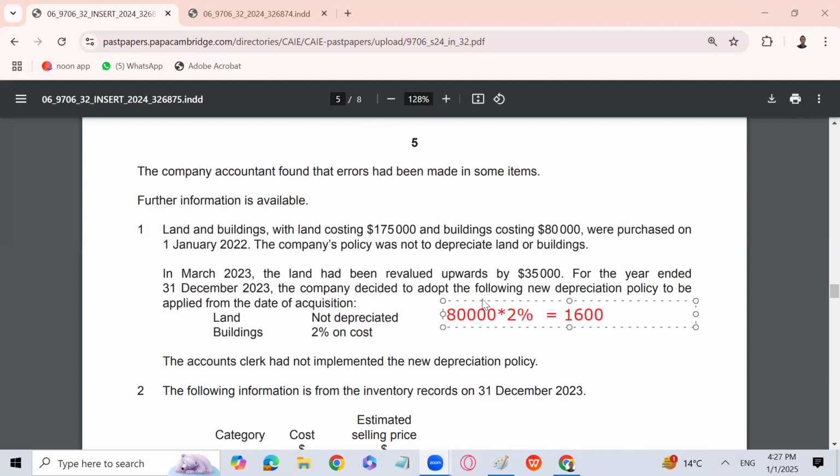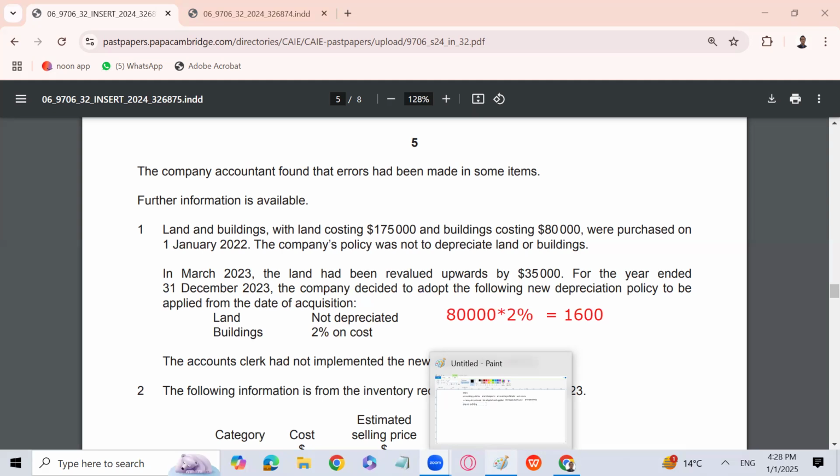But the problem is this, that whenever there is an error, then we have to adopt the accounting policy retrospectively. Retrospectively means that we have to adjust the previous financial statements, the error correction of the previous financial statements, along with the current year adjustment. It means that the treatment of this depreciation should be given in 2023 and will also be treated in 2022 retrospectively, for both the years.